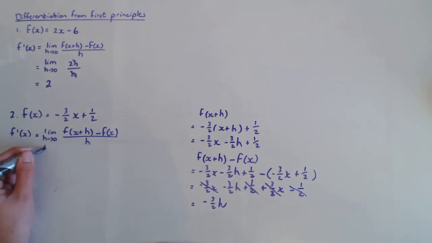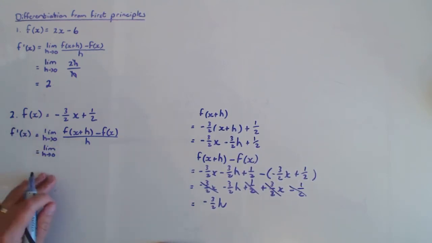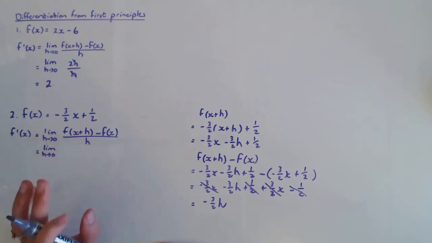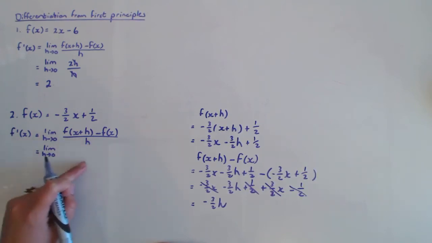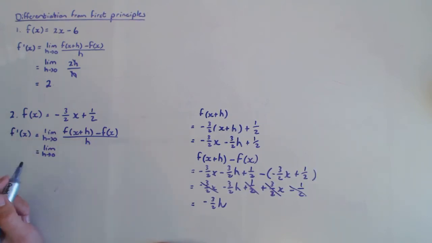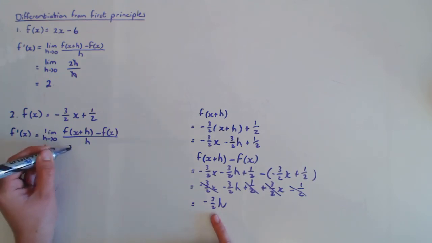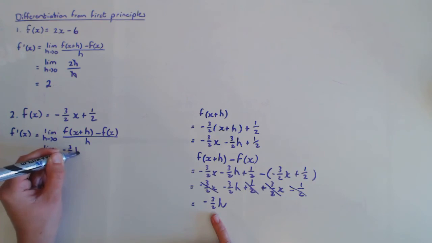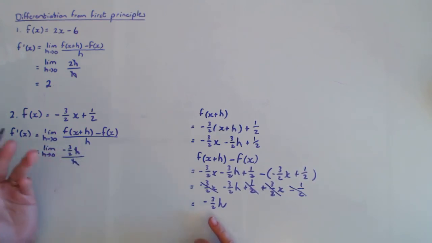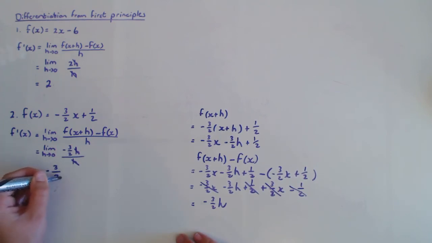Right, so I'm going to take the limit as h goes to 0, and you keep on writing this limit up until the point where you don't have a problem with the h anymore, or you can substitute 0 into the equation and it won't give you a math error. So I'm going to have negative 3 over 2h all over h, and the h's can yet again cancel, and that just gives me negative 3 over 2.